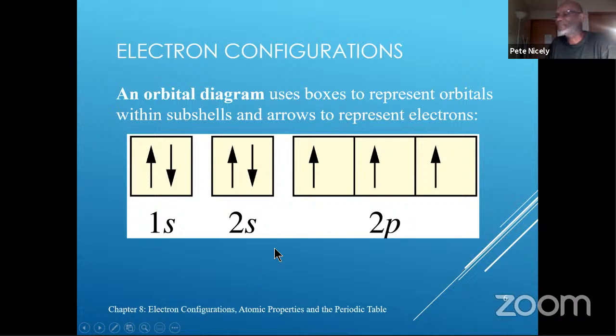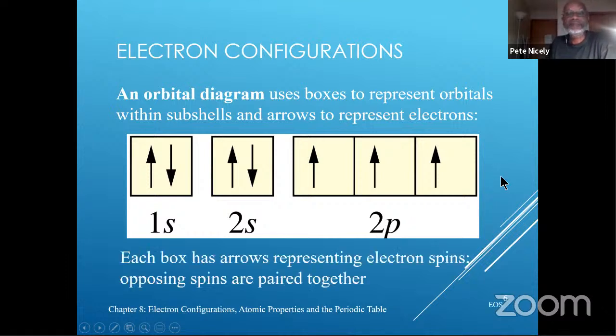The accepted convention is that the arrows pointing up represent electrons with ms value plus half, and the arrows pointing down represent electrons with ms value minus half, all right? So that's another way of representing how the electrons are distributed among the orbitals. As stated here, each box has arrows representing electron spins, and the opposing spins are paired together. We're going to talk about this very shortly when we get to Pauli's exclusion principle.